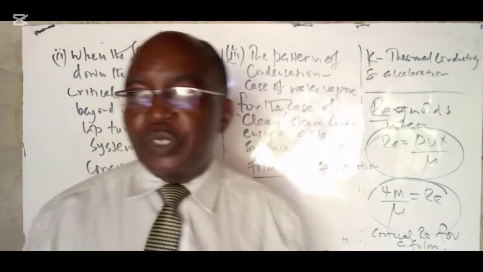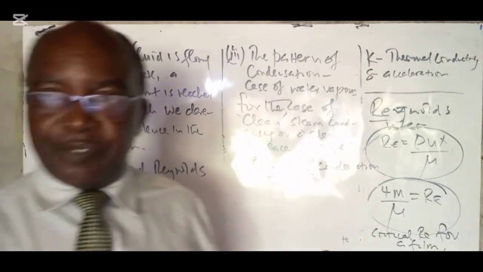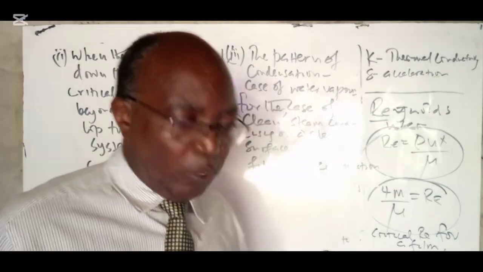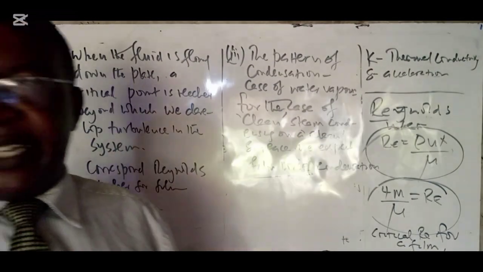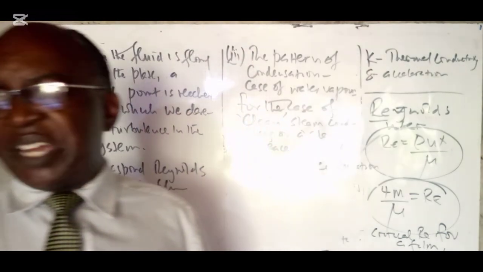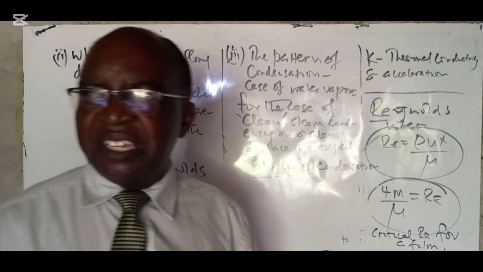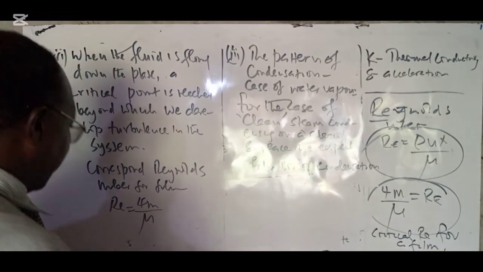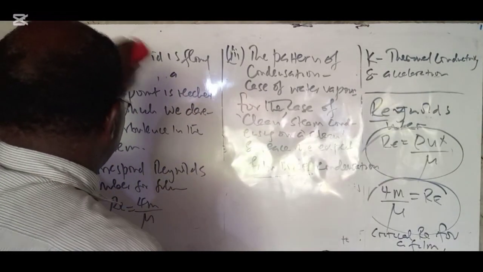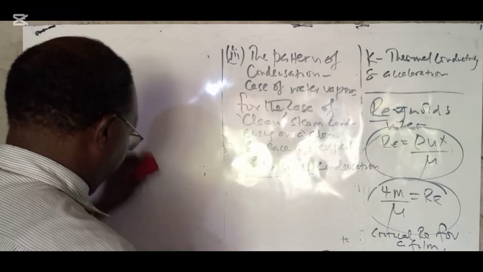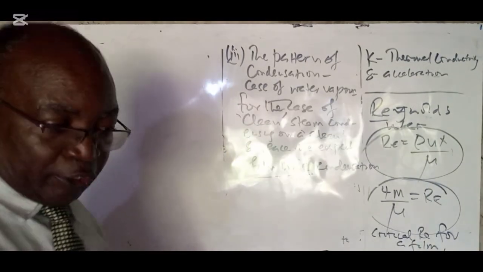But there are occasions when you probably have impurities in the steam or on the surface. For example, you can have organic compounds such as fatty acids, or you can have oil, some of those organic materials. In that particular case, you will have dropwise condensation.